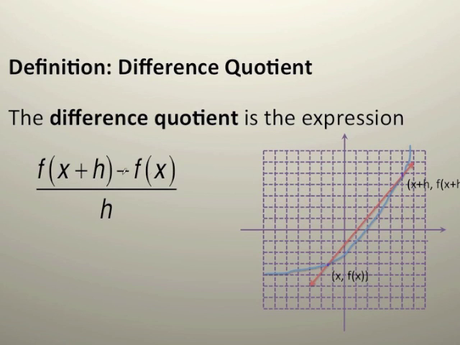This is the second y value minus the first y value, and if we took the second x value minus the first x value, we would just get h. So really, when we're finding the difference quotient for the expression, we're finding the average rate of change, or the slope of the line we would draw between those 2 points. The difference quotient is very important for those of you going on to calculus.